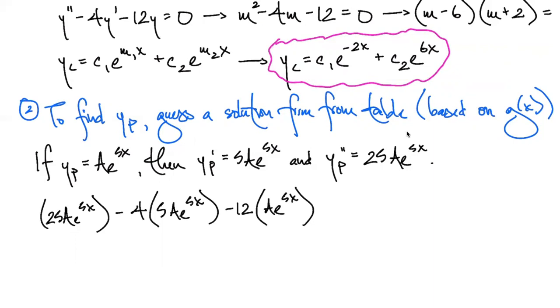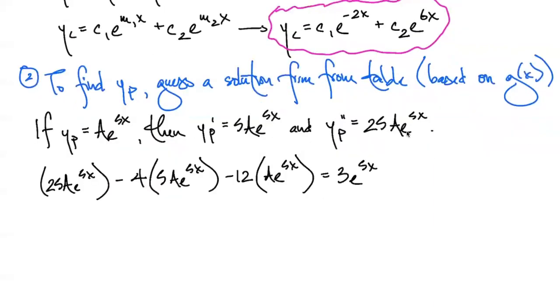Okay, so I just took the solutions and the derivatives, plugged them into my equation, and I want to make sure this equals my g of x, which in this case is 3e to the 5x. Okay.